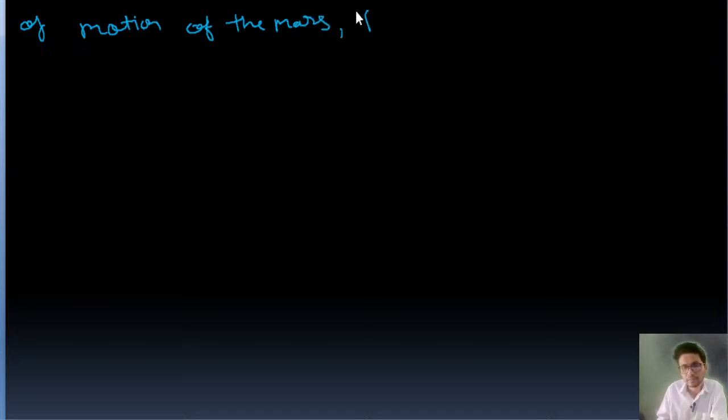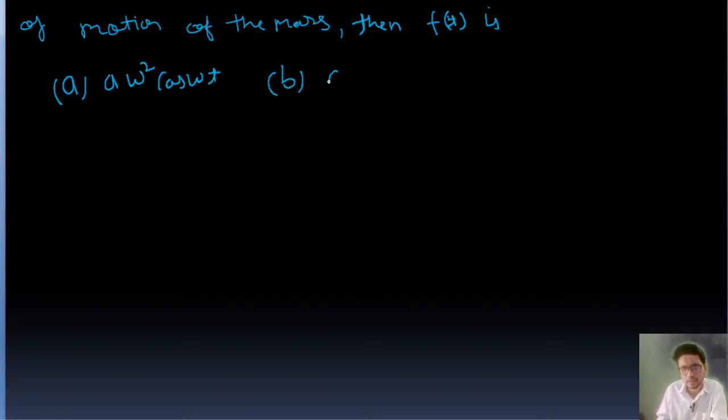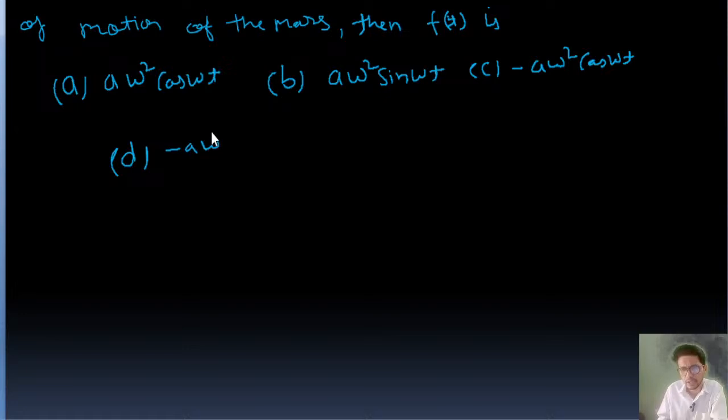Then f t is: option A, a omega square cos omega t; option B, a omega square sin omega t; option C, minus a omega square cos omega t; and option D, minus a omega square sin omega t.